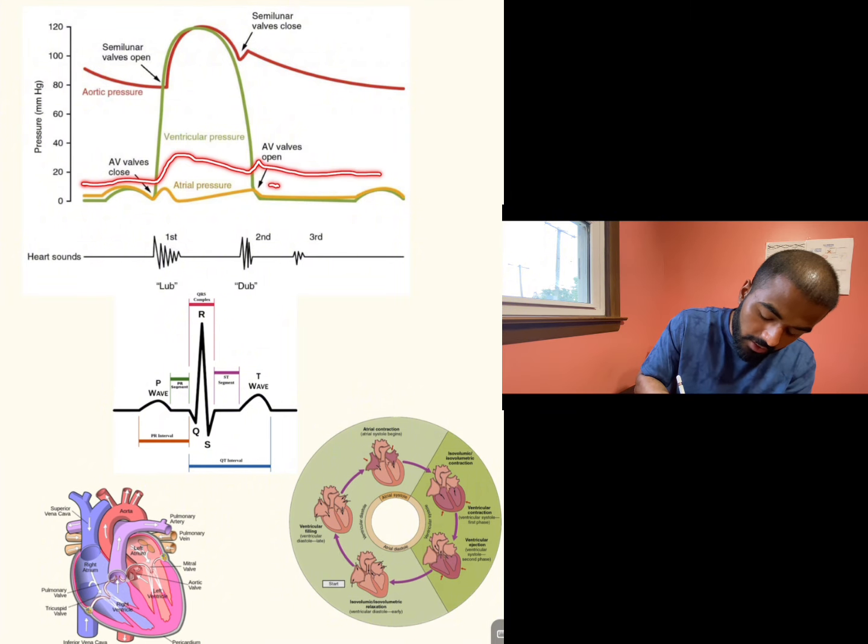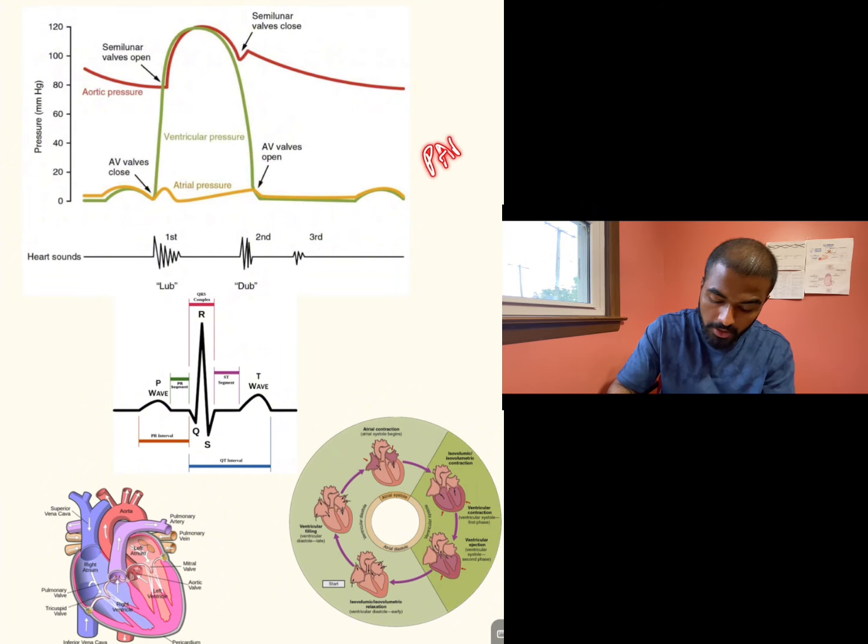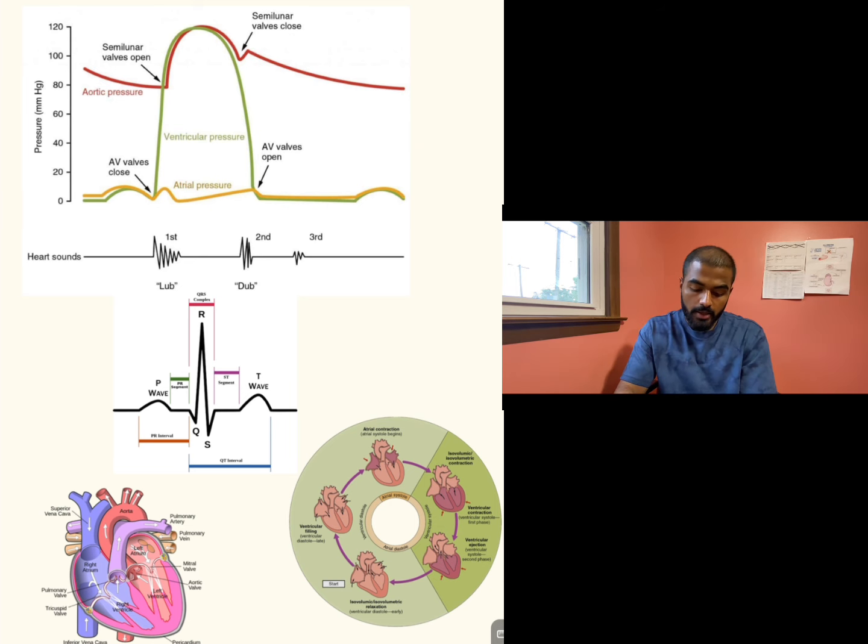So this would show the pulmonary valve closing, the dicrotic notch, and this is the right ventricular contraction happening. Goes down. Normal pulmonary artery pressure is going to be between 15 to 25 over 10 to 15. That's it.